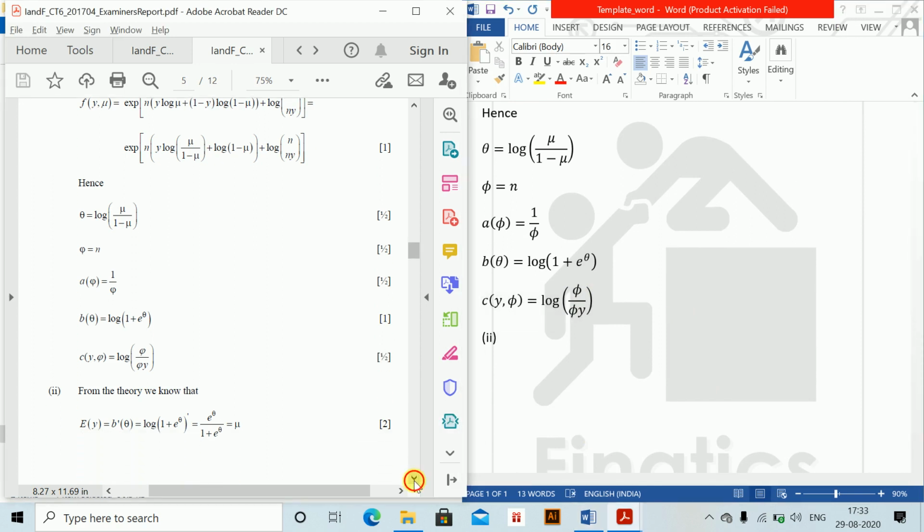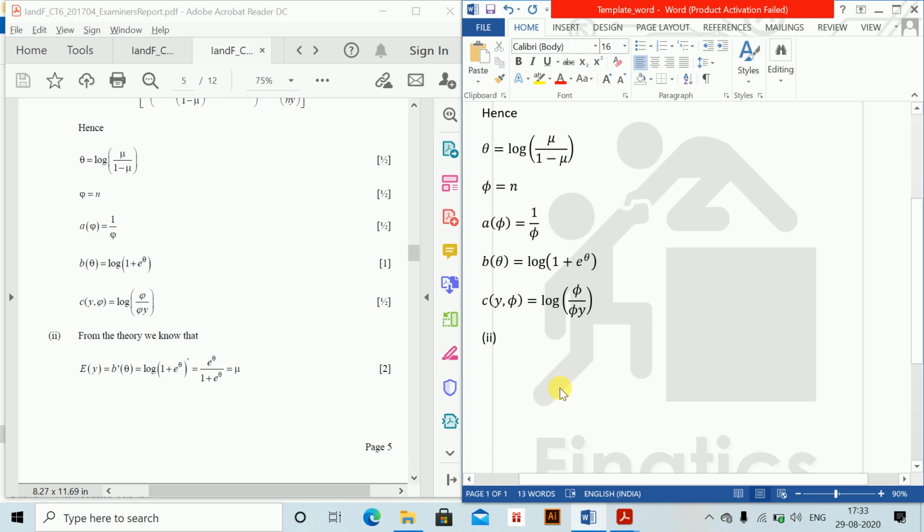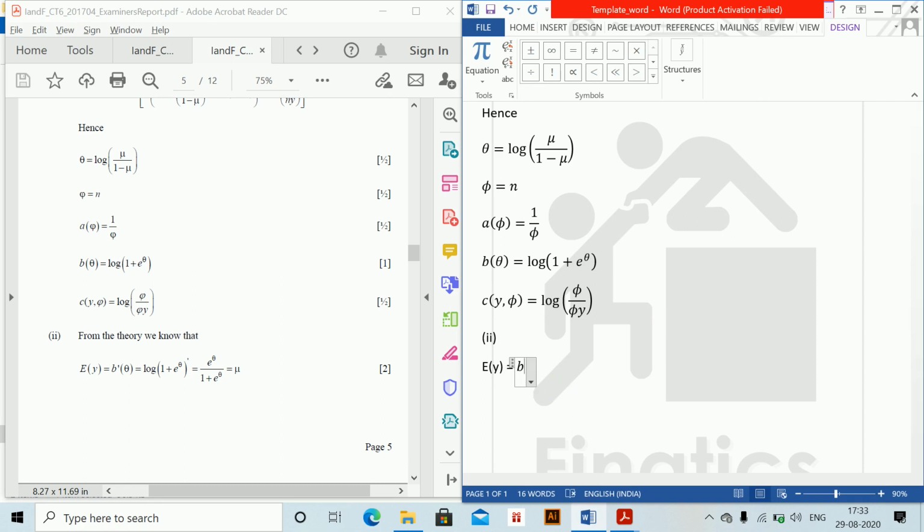and variance of y. From theory we have expectation of y is equal to b dash of theta, which is equal to e to the power theta by 1 plus e to the power theta.